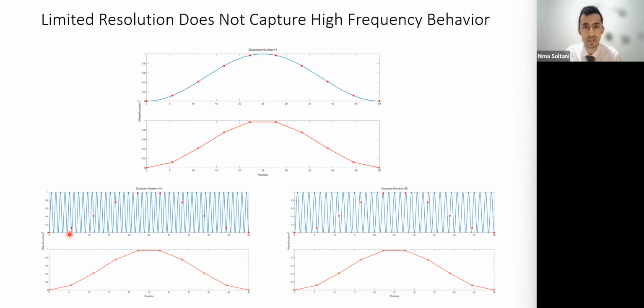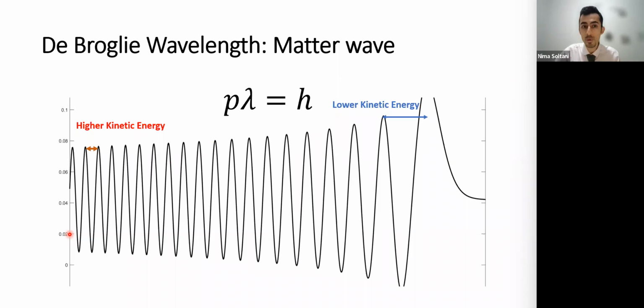That's what the Nyquist theorem is about. And this is the reason why the system deviates in the higher energy states. This happens as a result of the wave-particle duality of matter, and that's described by the de Broglie wavelength.